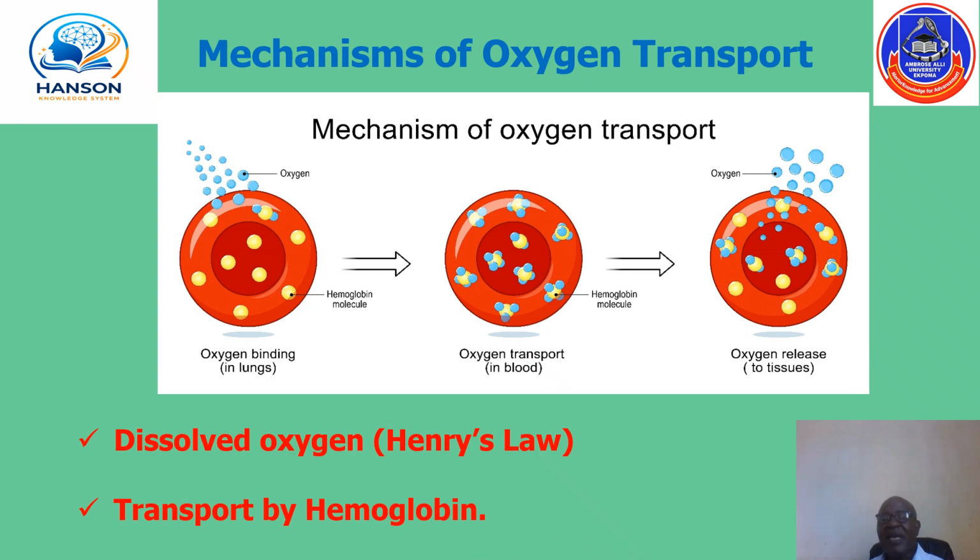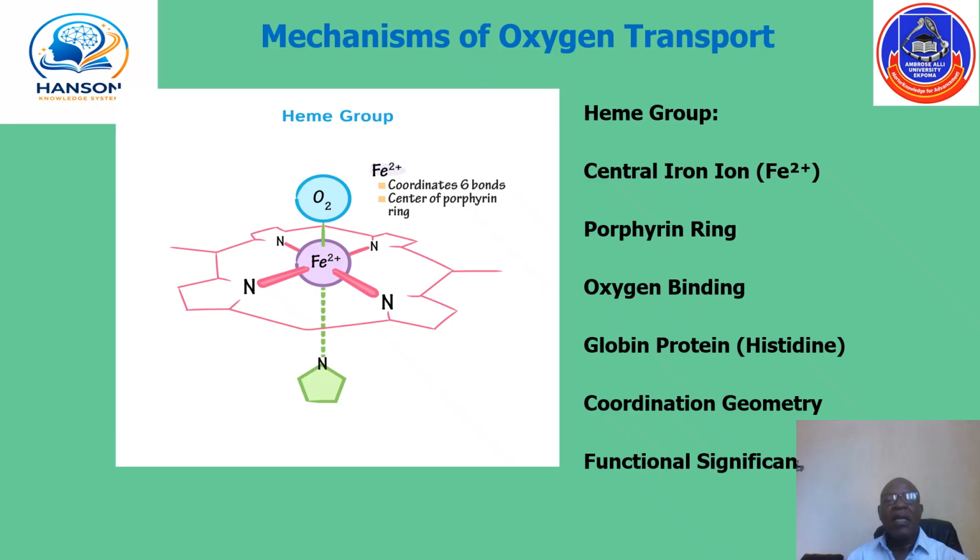This mechanism can be explained. Let us look at the mechanism by which the heme present in hemoglobin transports oxygen. The heme group in the hemoglobin molecule is the central core, or the center of activity, of that molecule with respect to oxygen transport.